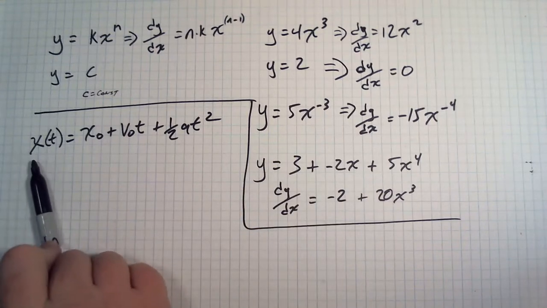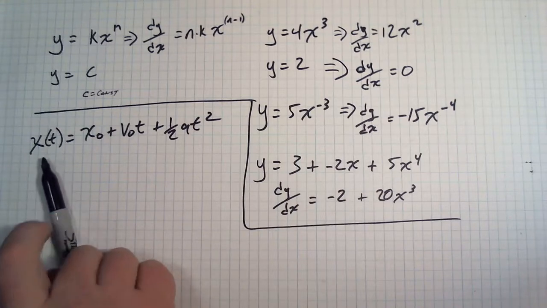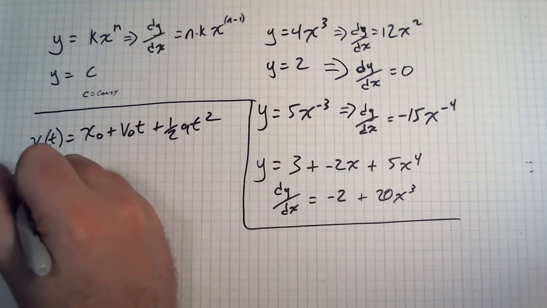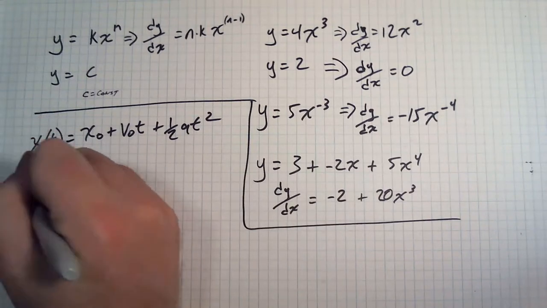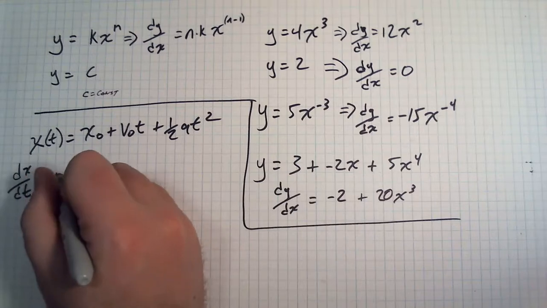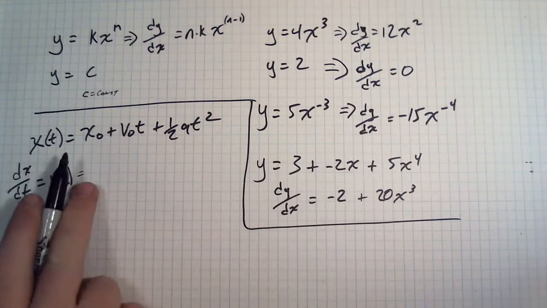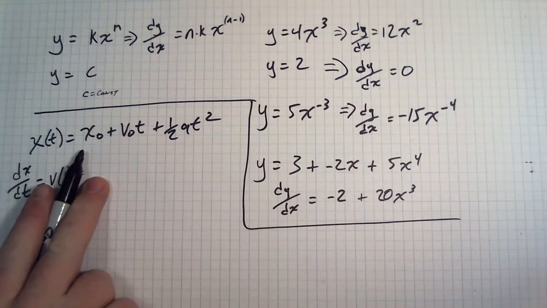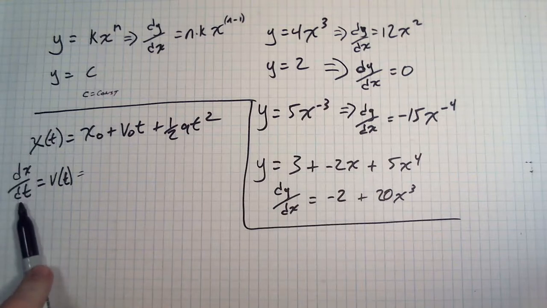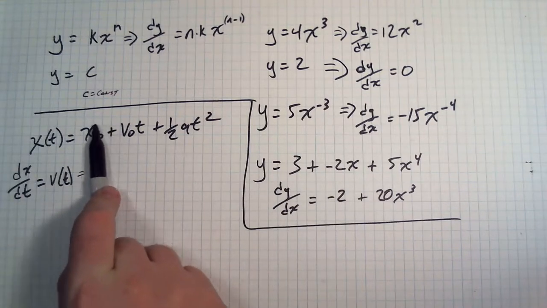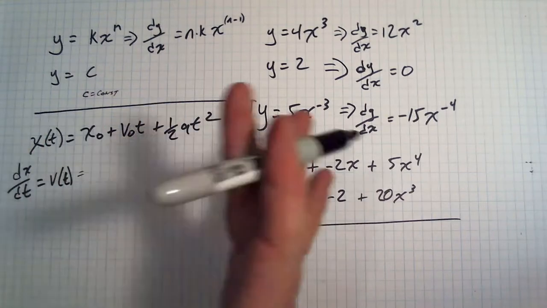So velocity as a function of time is the slope of the x curve. That means dx by dt is the same thing as velocity. So we're going to follow all of these same rules. Well, x naught, what I'm looking for here, by the way, is how x changes with t. So there's no t term on this x naught. This is a constant. It just goes away.